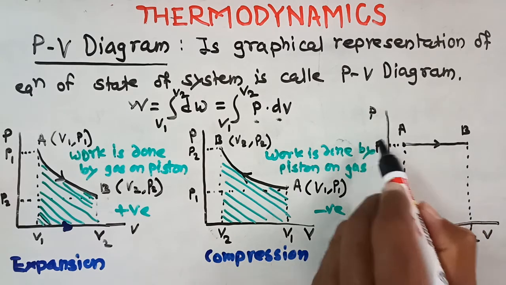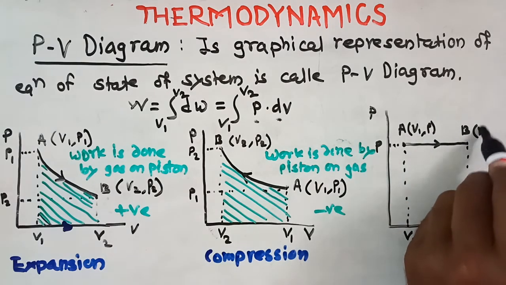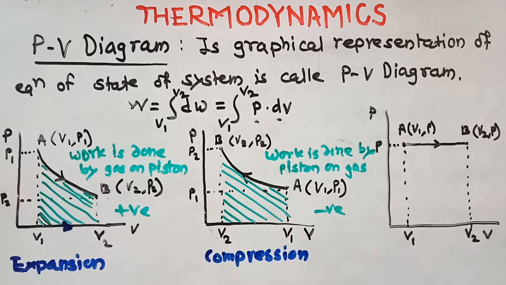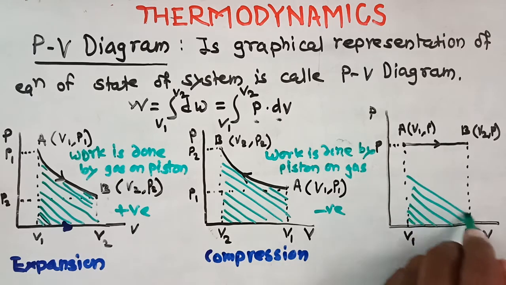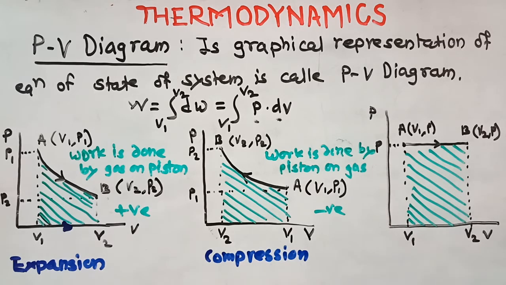The pressure is constant and that is P. So the coordinates of this are V1, P and the coordinates of this are V2, P. Definitely the area under curve is increased, although the volume change is the same. The volume goes on increasing, and this is again the case of expansion. And so in this case also, the work done by gas is positive. So this is about the PV diagram.